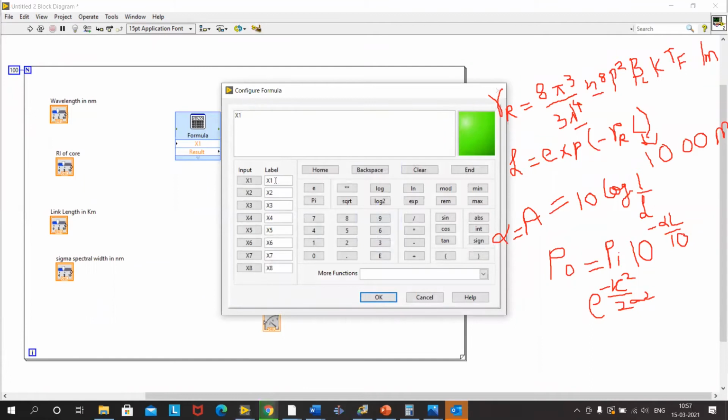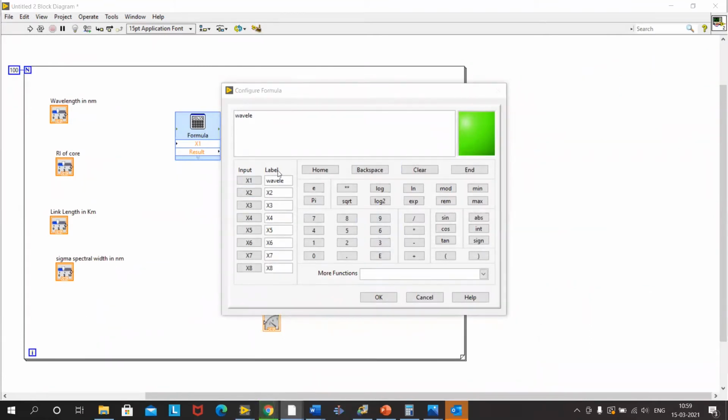Now here we can give the parameters. In the formula node, first we will name the variables that we will be using. x1 I name as wavelength, x2 as the refractive index of the core, or I can just give them variable names like lambda.